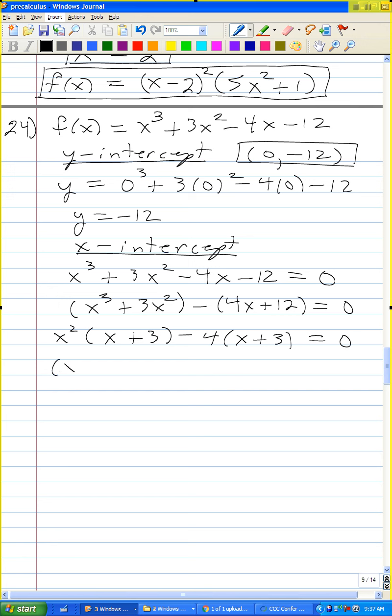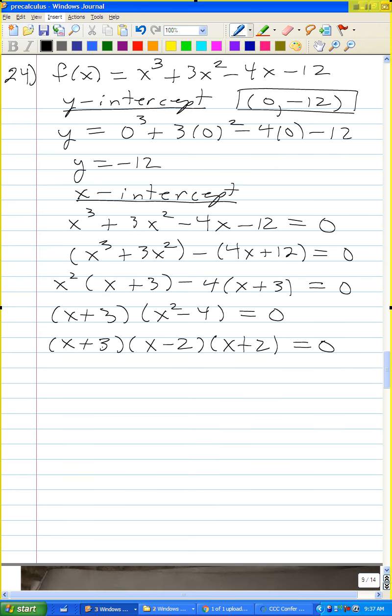Factor out the x plus 3. What remains is x squared minus 4. And I can factor this even further if I wanted to into (x minus 2)(x plus 2).